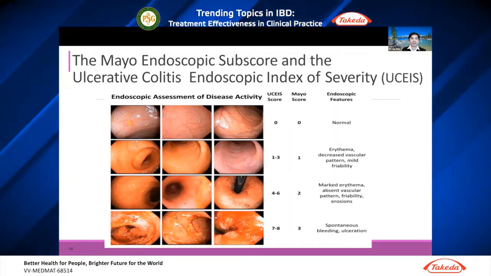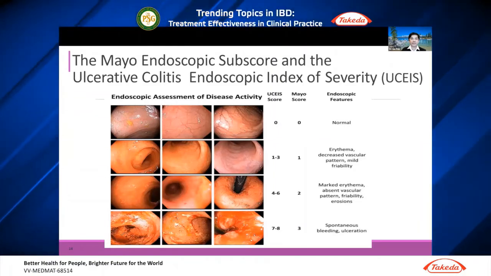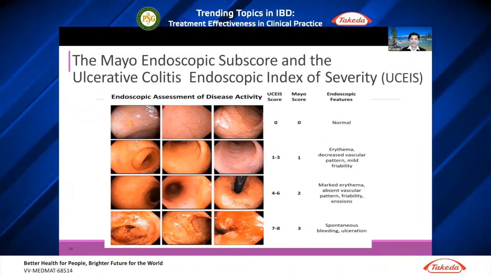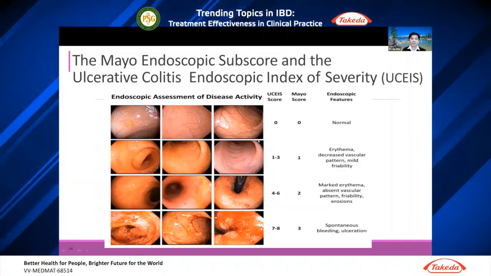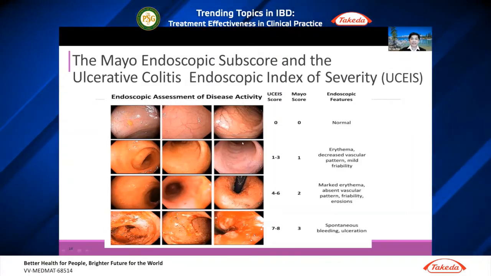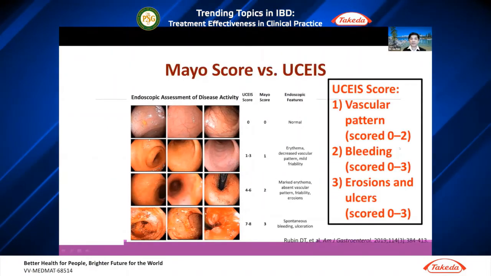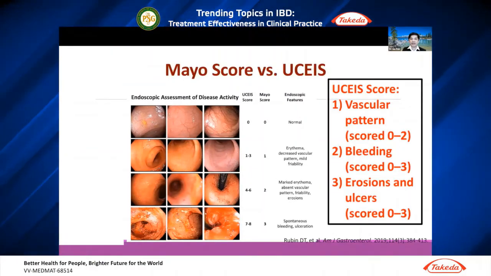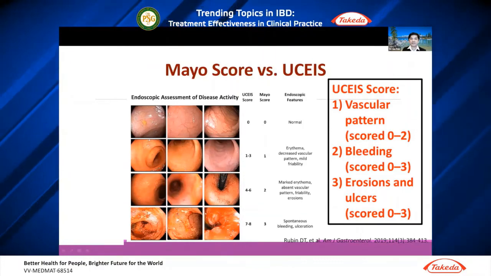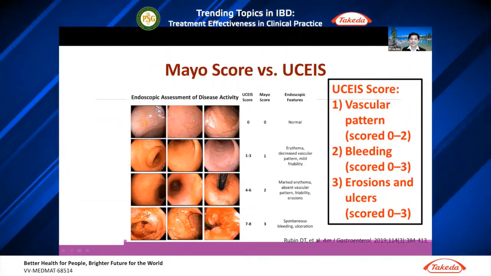There is also the ulcerative colitis endoscopic index of severity, or UCEIS. This is actually more complicated because it goes to specific components of endoscopy findings. So you have vascular pattern, bleeding, and erosion.